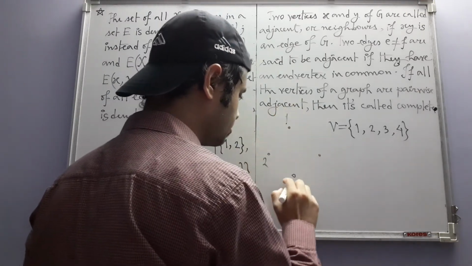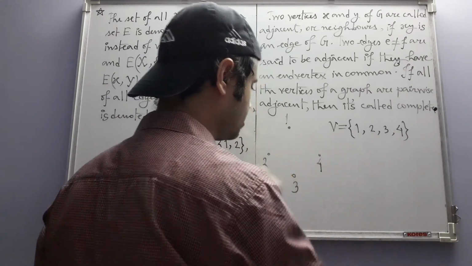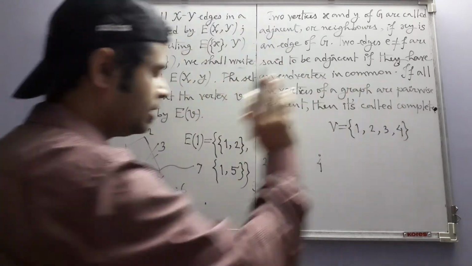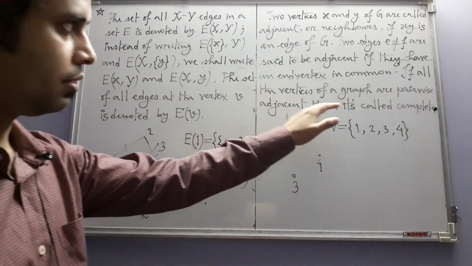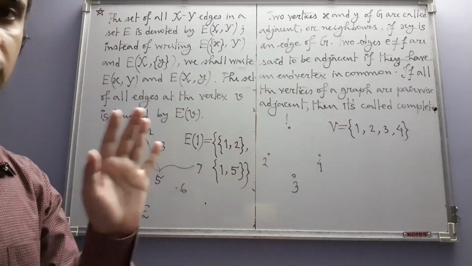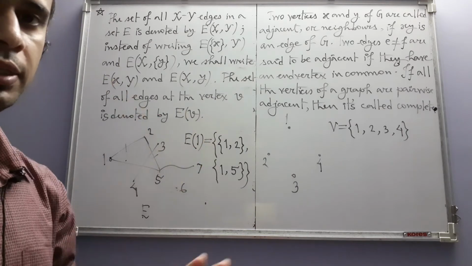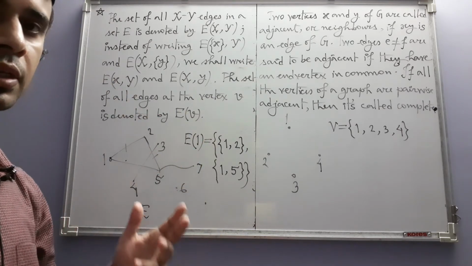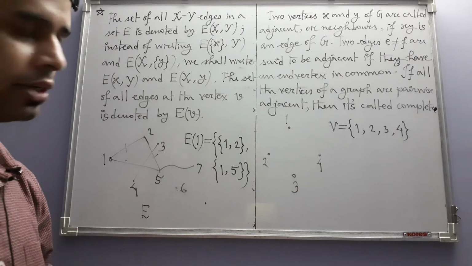Numbers are convenient, so we are just using numbers. If in a graph all the vertices are pairwise adjacent, that means if you choose any two distinct vertices, they are adjacent. If that happens, then such a graph is called a complete graph.